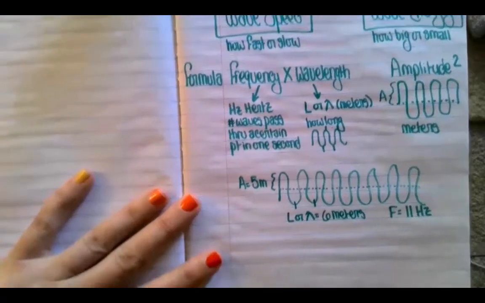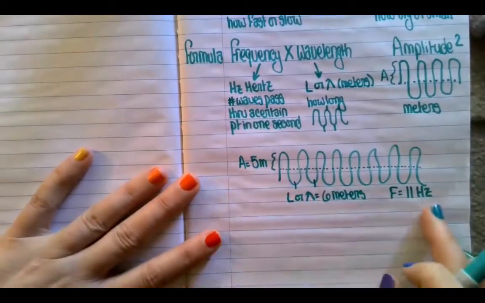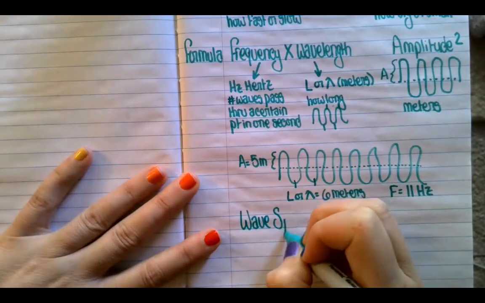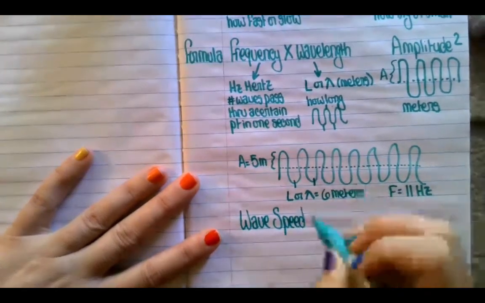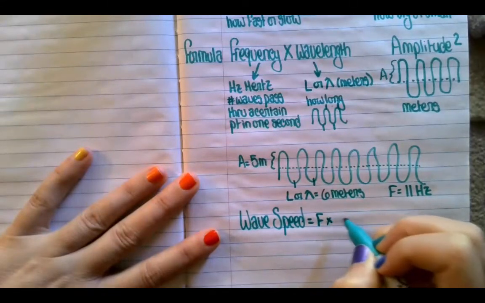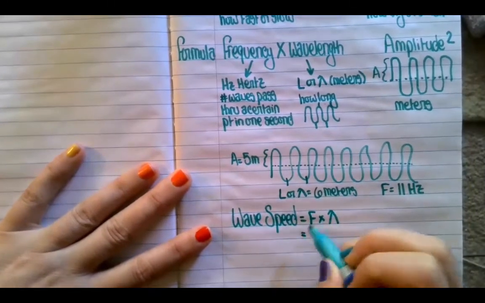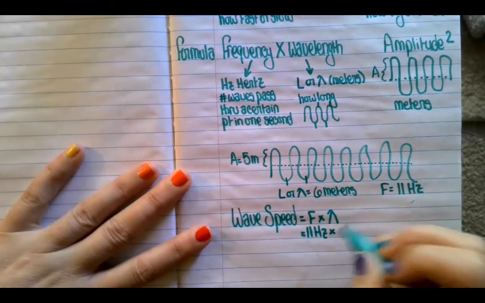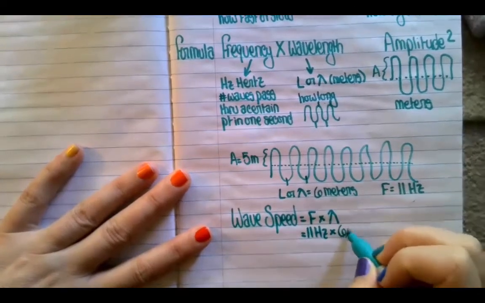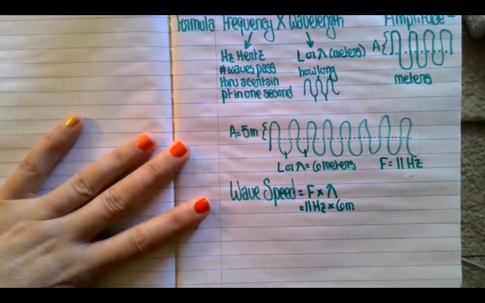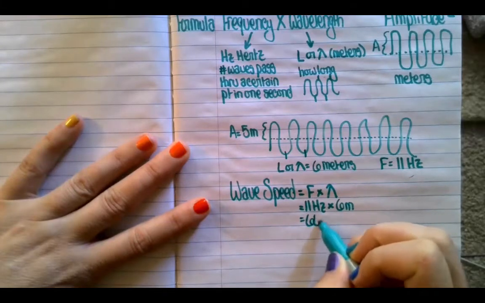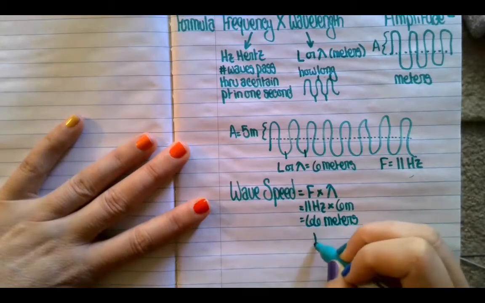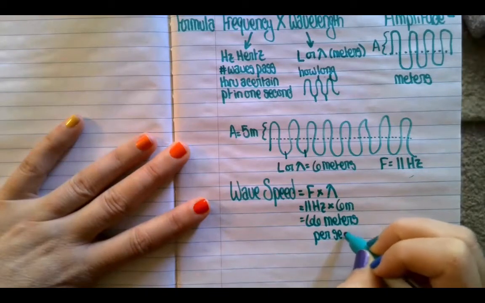So once I determine these measurements, then I can determine the wave speed, which is frequency times wavelength, or frequency 11 hertz times wavelength 6 meters, which is 66 meters per second.